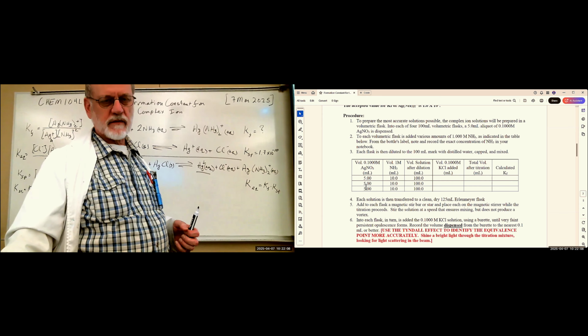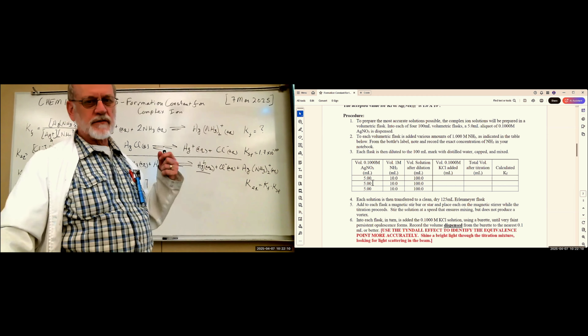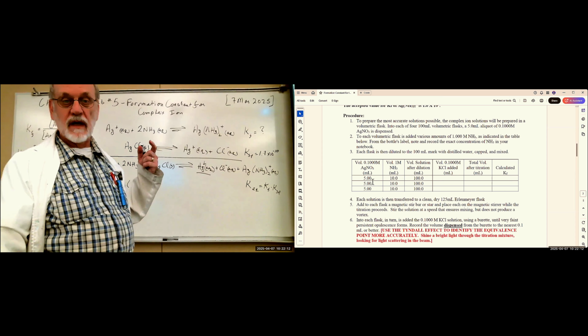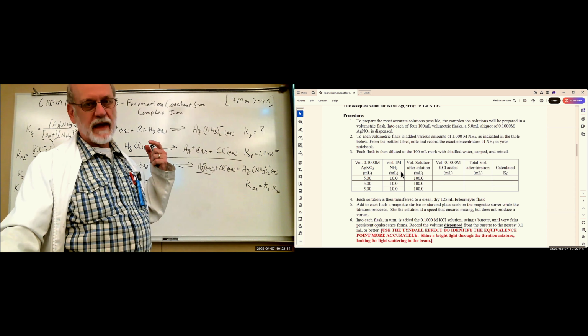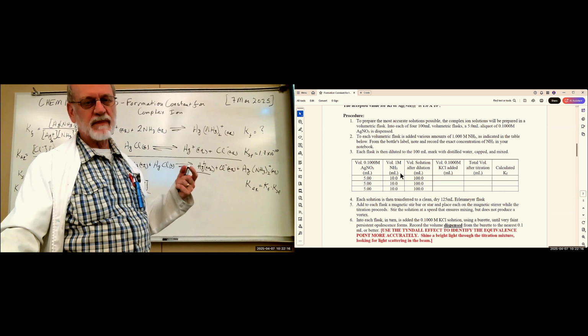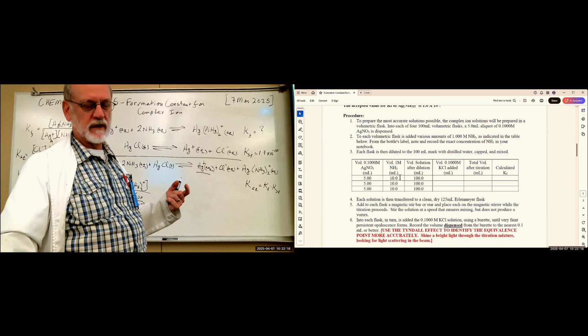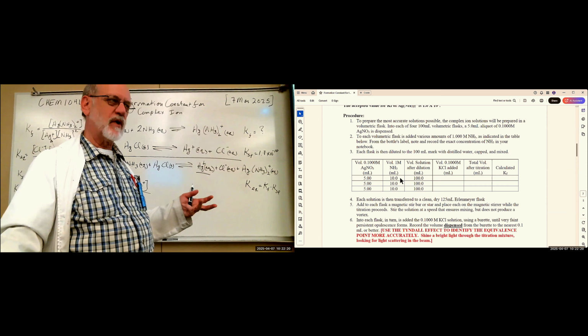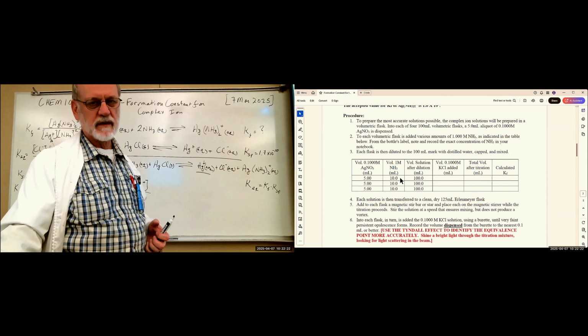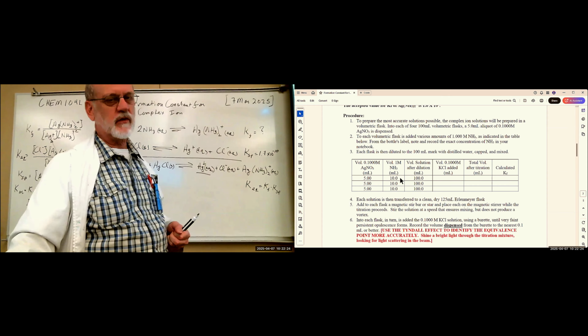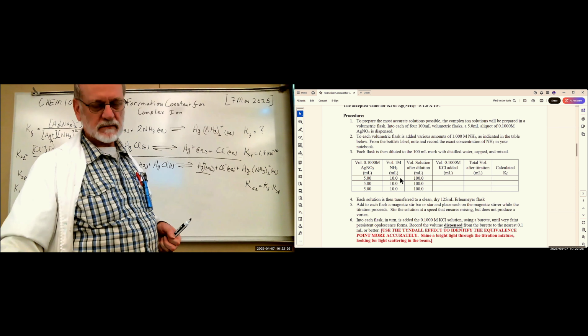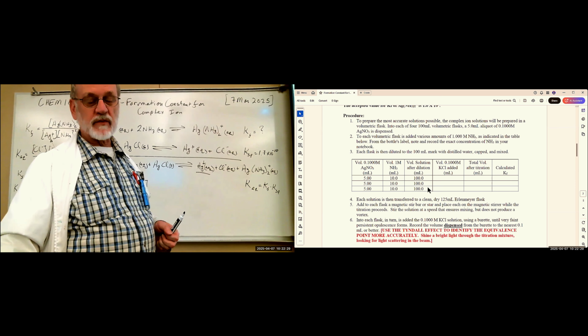We got 3 flasks with 5 milliliters of silver nitrate solution. And we add 10 milliliters of 1 molar ammonia, rather than the 5 molar. We're just going to stick with 1 molar because it'd take too long to do all those other titrations. And then we're going to bring the volume to 100 milliliters.